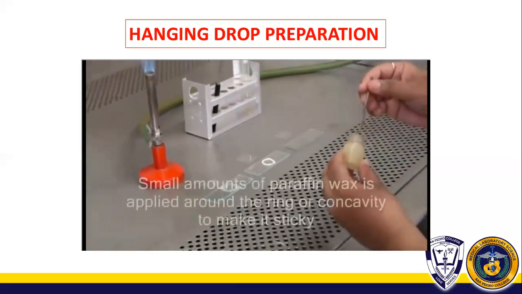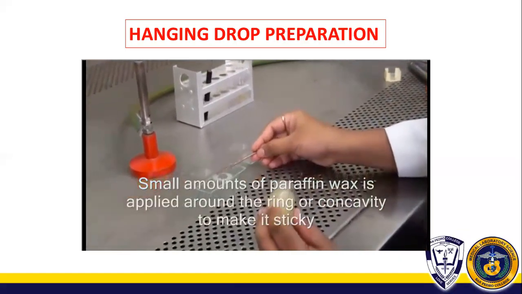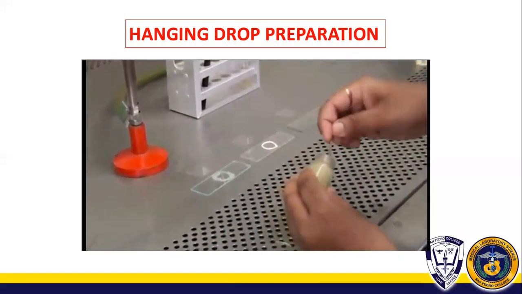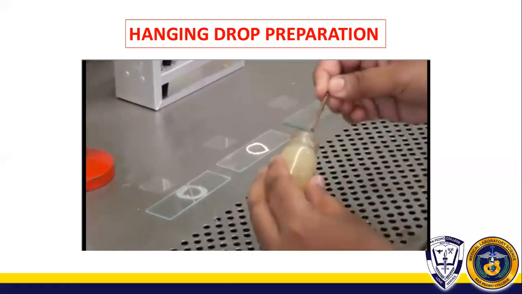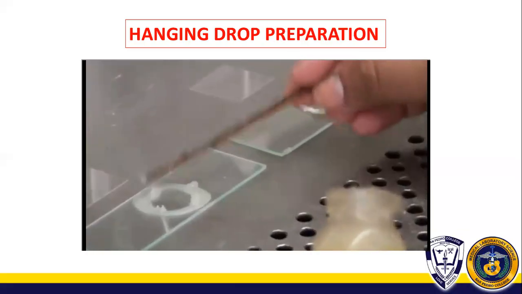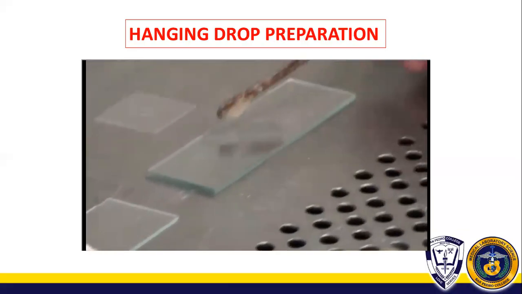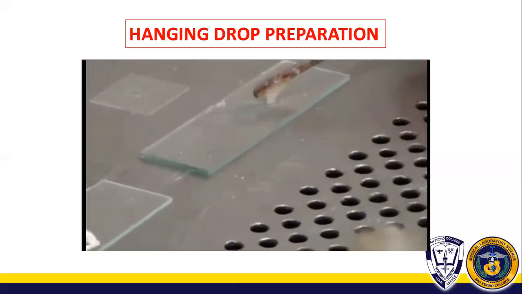Never lay down your inoculating loops without sterilizing them. Paraffin wax is added as a sealant for the cover slip and the glass slide. Not too much, just enough to ensure that the droplet remains stuck to the cover slip.